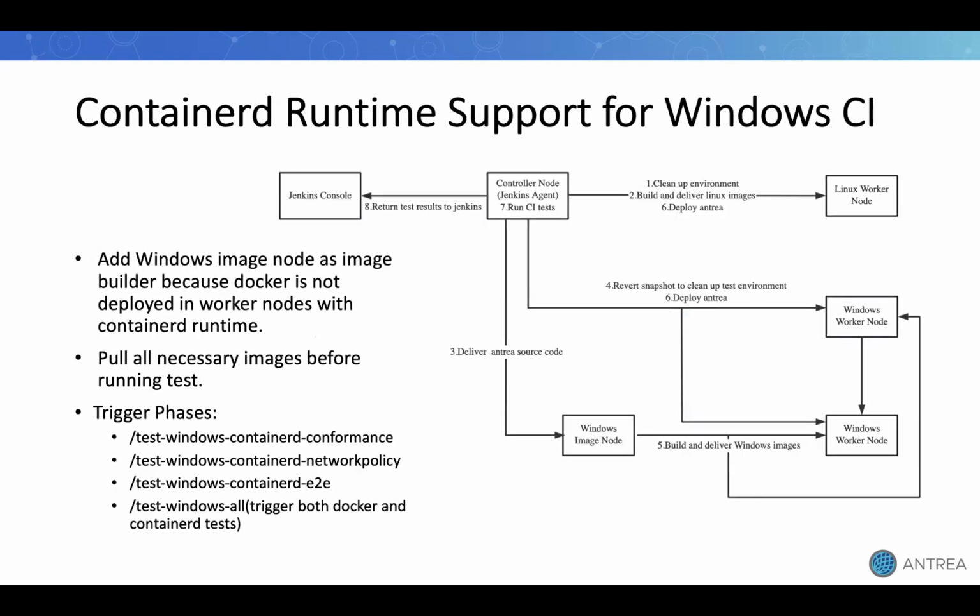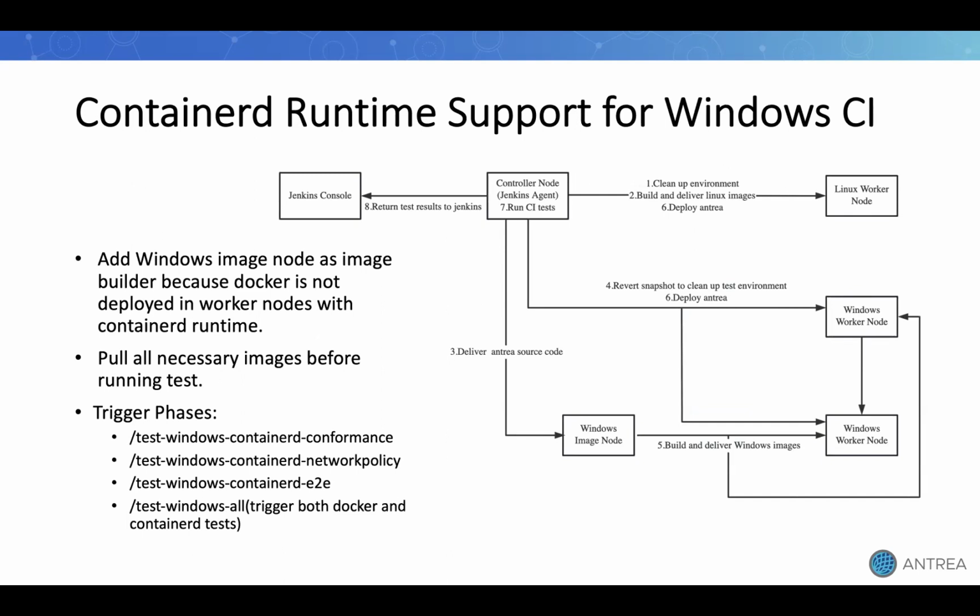The next feature, also for the Windows testbed, is that we supported the Antrea Windows testbed with the Containerd runtime after 1.10. As we know, after Kubernetes 1.24, Docker became a deprecated feature, so we need Containerd support to verify the Antrea agent.